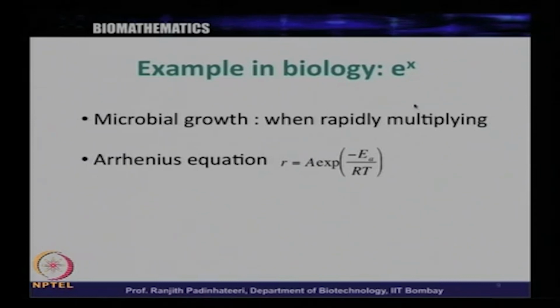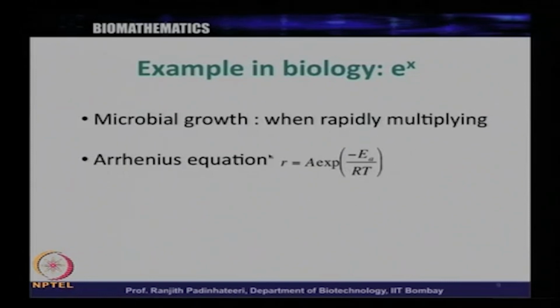But in the log phase, the number of microbes is growing like e power x. The Arrhenius equation, we have seen, is R is equal to A e power minus activation energy E A divided by R T, where T is temperature and R is universal gas constant. So, this is another example where exponential function is seen in biology.